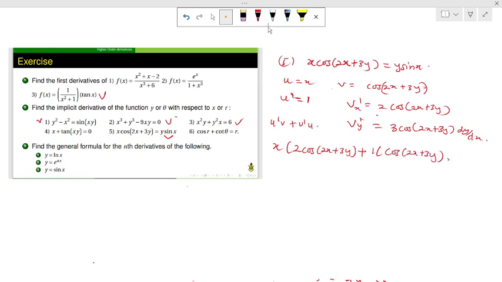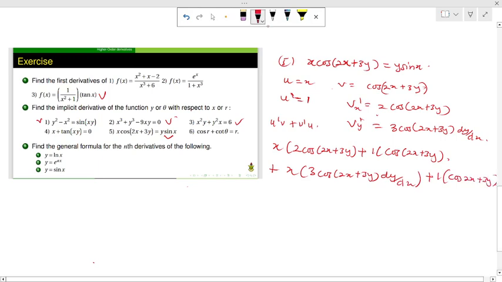And that is for only x towards vx. Now, let's go to x to vy. So it's still plus x. My vy is 3 cos of 2x plus 3y dy over dx, plus, when I differentiate x, I'm getting 1 times cosine of the expression 2x plus 3y. That's all. All this is equal to what I have here.